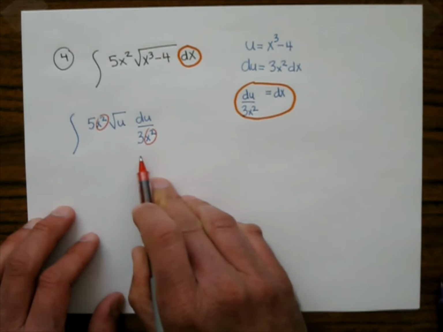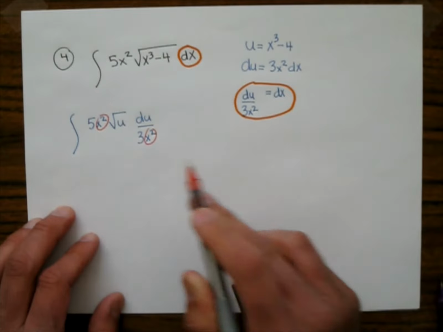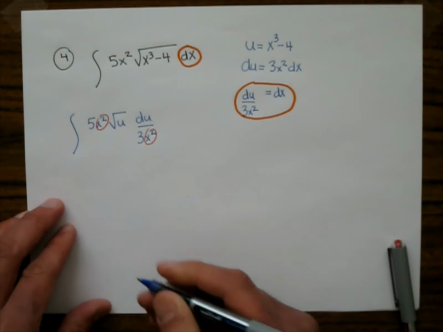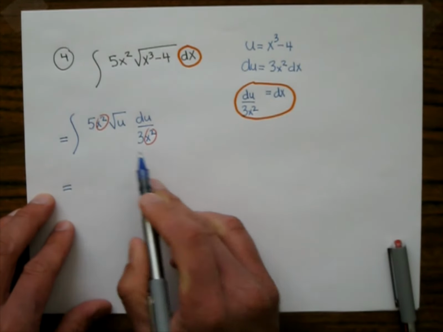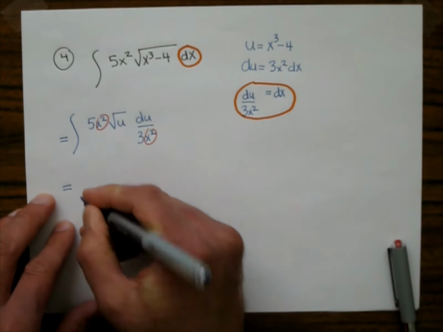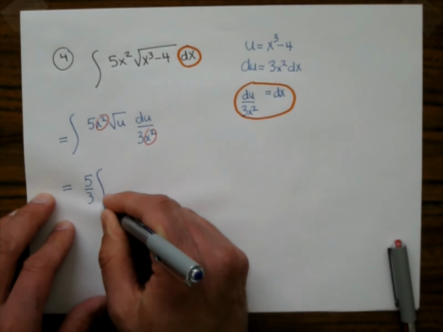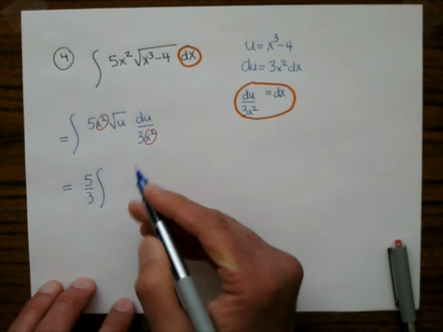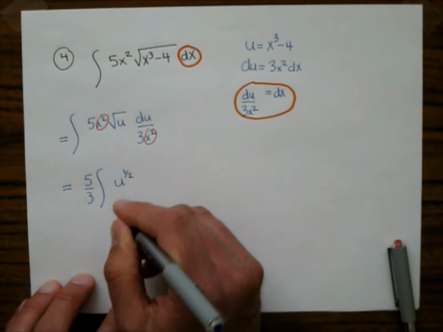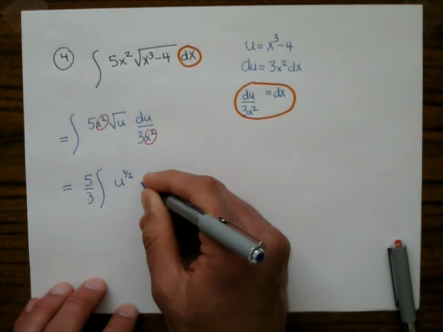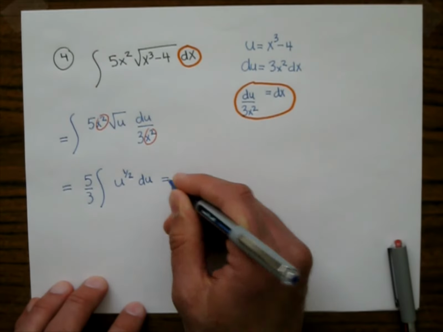Now, to prevent that, you could have just solved for x squared dx, which is du over 3. But I'm willing to live with that. So this equals, we have a 5 and then a 3 on the bottom. I'm going to factor that out. So 5/3 times the integral of square root of u. I'm going to have to take the antiderivative, so I'm going to write it as u to the 1/2 du.